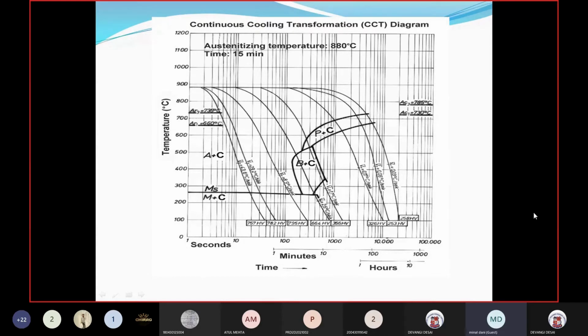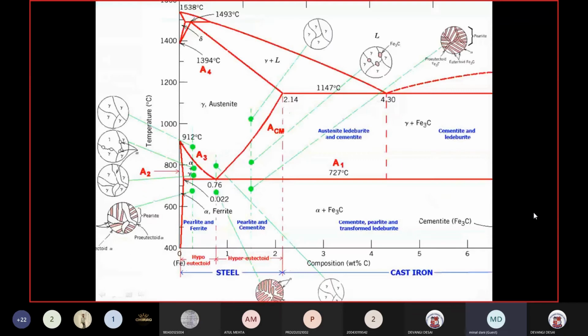for hypoeutectoid steel. ACM line, can you make that iron carbon diagram so the students can get a better idea? See here. So now the heat treatment comes over here. When you have a hypoeutectoid steel with less than 0.76% carbon, you have to heat the specimen above this line.